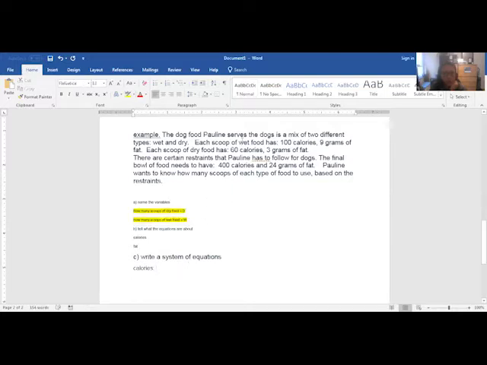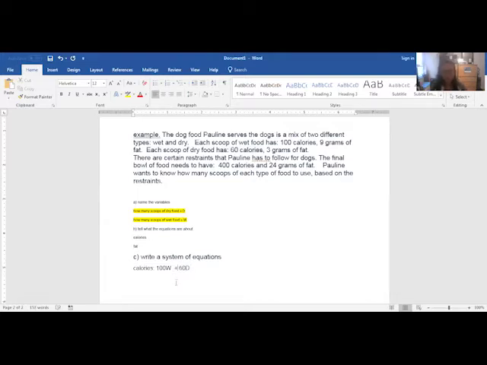Well, I know wet food has 100 calories. So that means however many scoops of wet food we use, it's going to have 100 calories per scoop. That's 100 times W. I know from this sentence right here that each scoop of dry food has 60 calories. That means for each scoop of dry food, we are going to multiply times 60 calories.